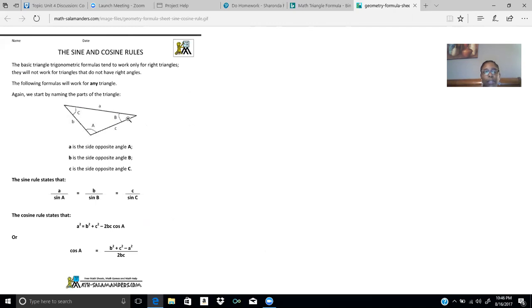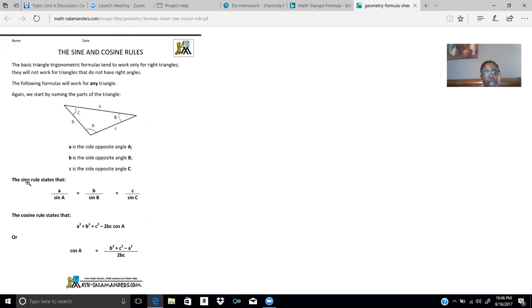I'm a visual person, so I like to draw my triangle. If I label this angle A, angle B, angle C, then the side opposite angle A would be side A, the side opposite angle B would be side B, and the side opposite angle C would be side C, as they say here.